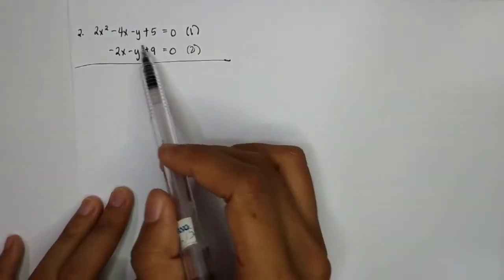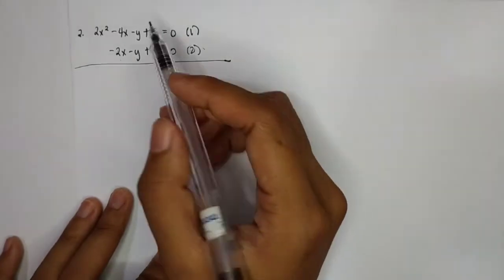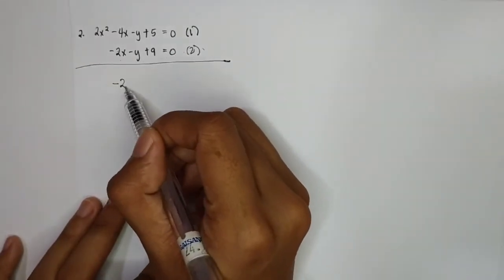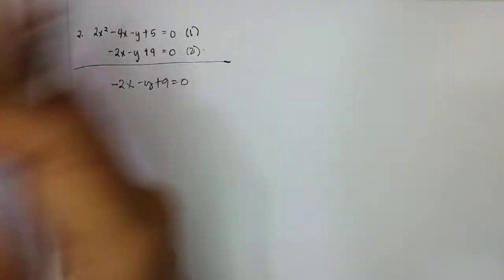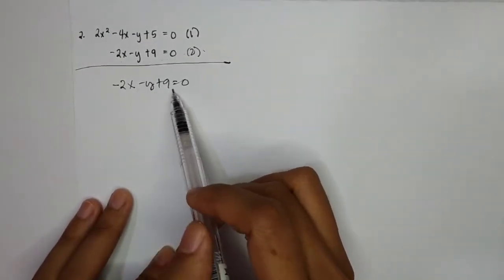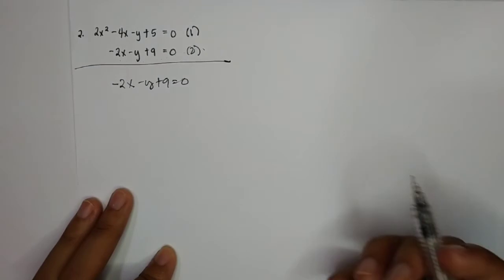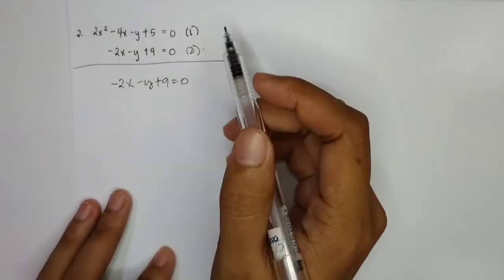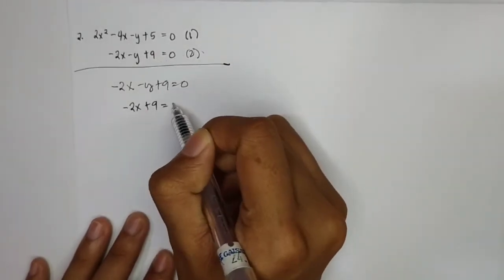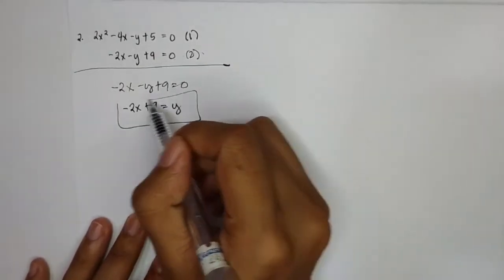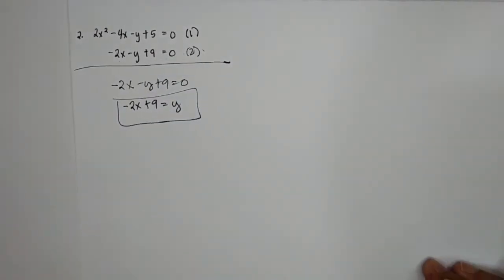This will be using our equation 2 kasi mas madali siya, di ba? Negative 2x minus y plus 9 is equal to 0. So i-transpose natin tong negative y sa kabilang side para maging positive, so that we can have the value of our y. So we have negative 2x plus 9 is equal to y. So this will be our equation.